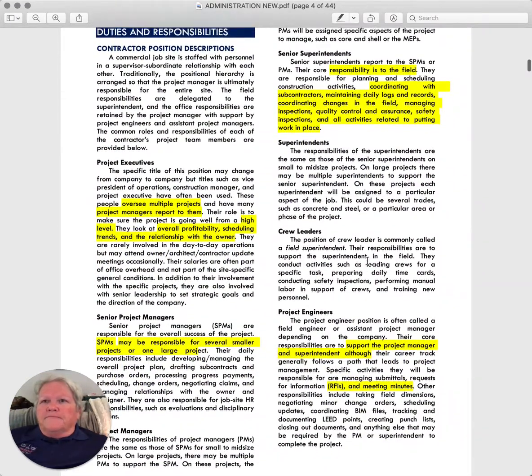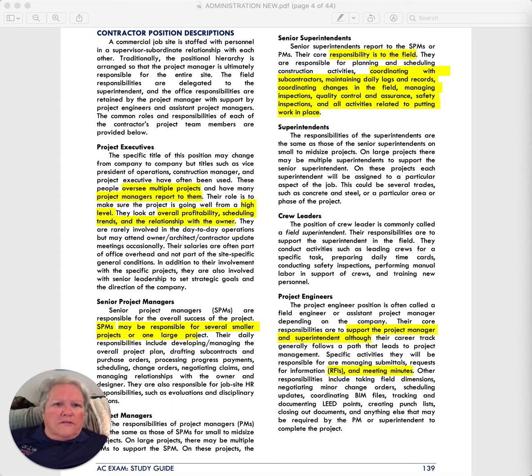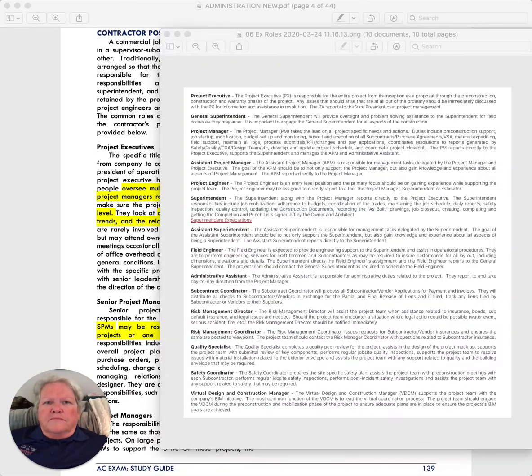Okay, now we're going to talk about different roles and responsibilities. Here are the different roles and responsibilities that you typically have on a project.